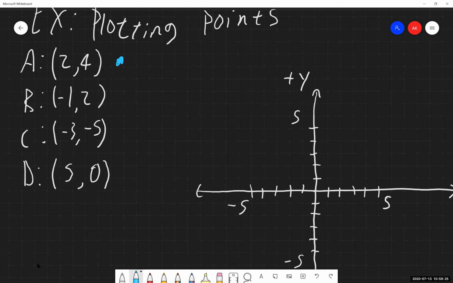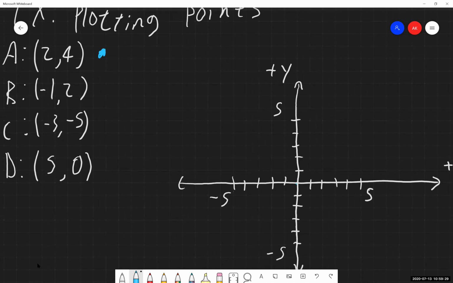So plotting points, we always start from the origin, right at the very middle of our set of axes. The first value in our ordered pairs, number 2, tells us how far and which direction we are moving along the horizontal axis. So our first number is a positive 2, so I'm moving 2 in the positive direction. I'm just going to use little tick marks here, little dots.